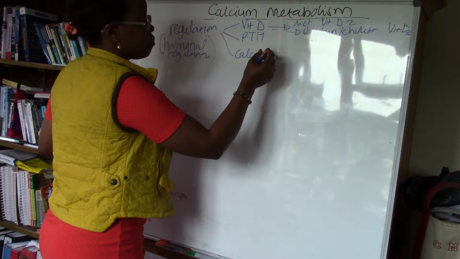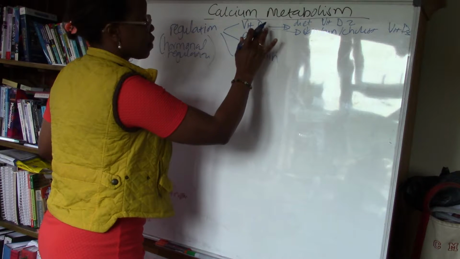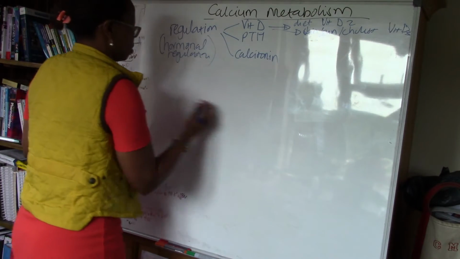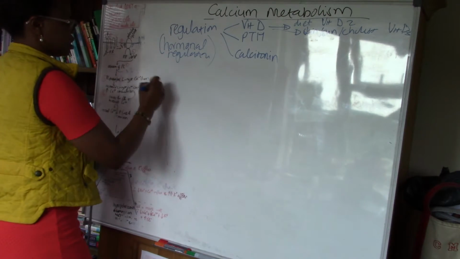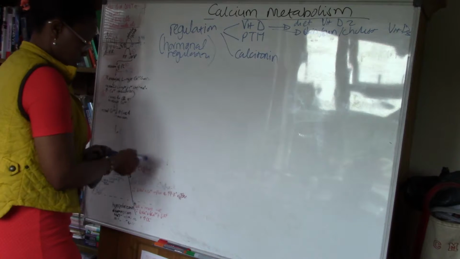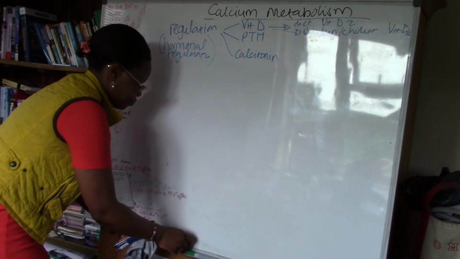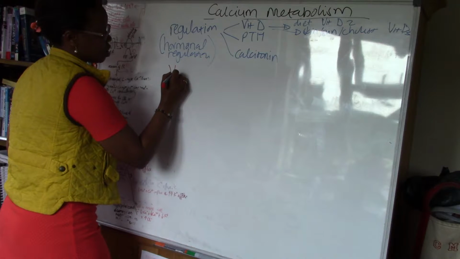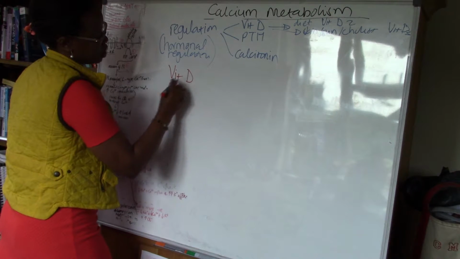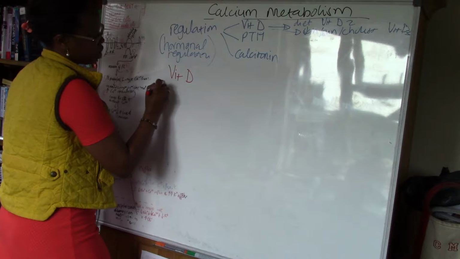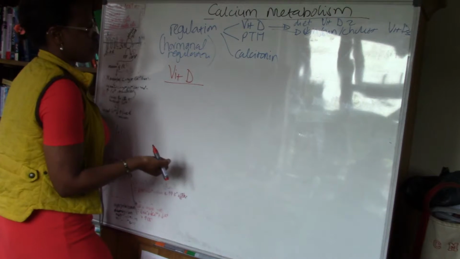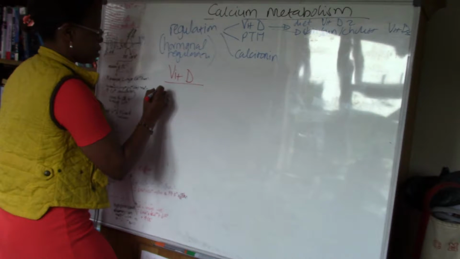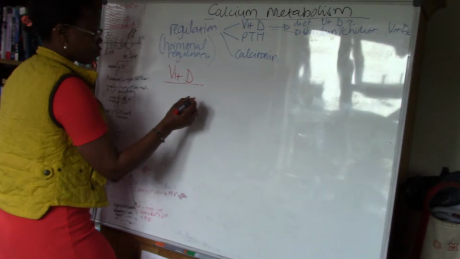And then the parathyroid hormone, I think I'll do this separately. Say we start with vitamin D. I know parathyroid is probably the most important, but I'll just start with vitamin D. So vitamin D can be from the diet or from the sun.